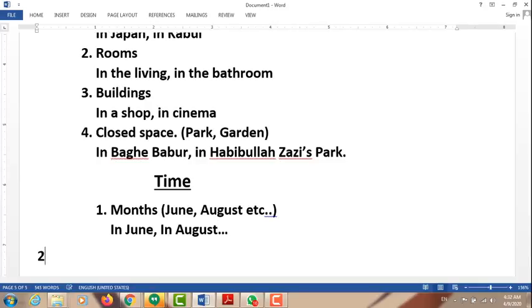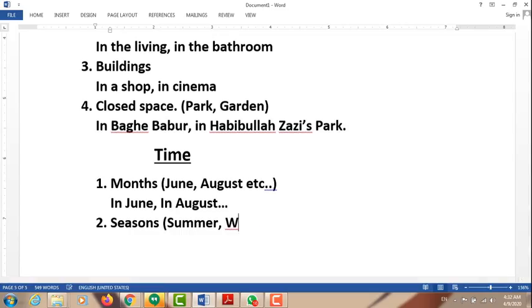Number 2, you can also use it for seasons. For what? For seasons. For example, summer, winter, and so on. For example, in summer, and in winter. So you also use "in" for what? For seasons. Yeah, very easy.